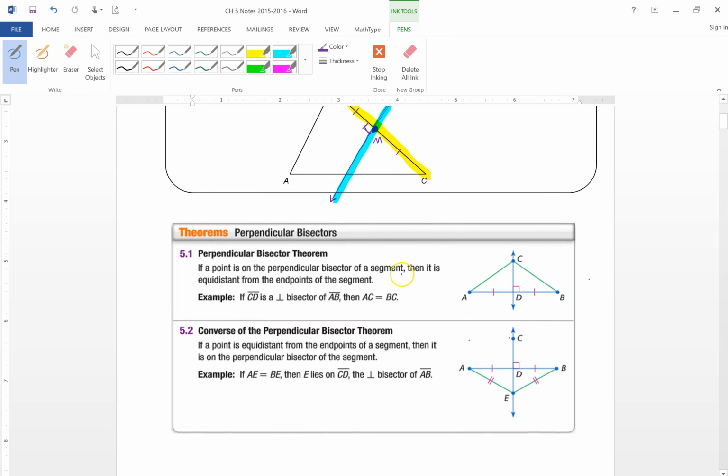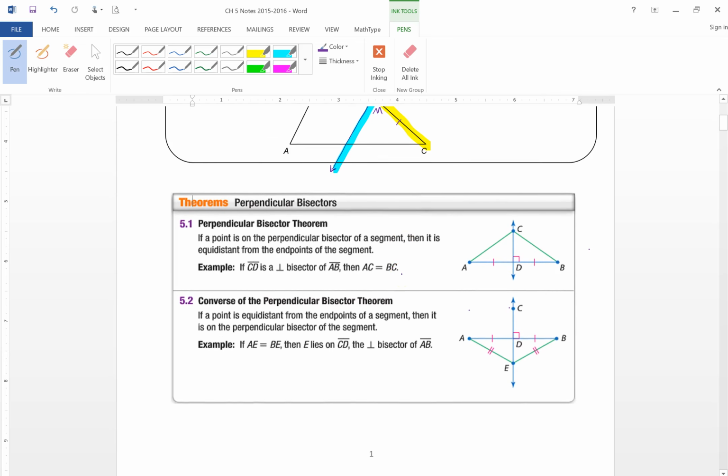All right, so here we have two very important theorems about perpendicular bisectors. The first is called the perpendicular bisector theorem. What this says is, if a point is on the perpendicular bisector of a segment, then it is equidistant from the endpoints of that segment.